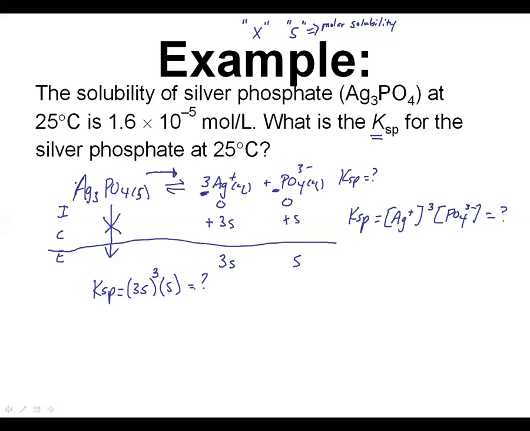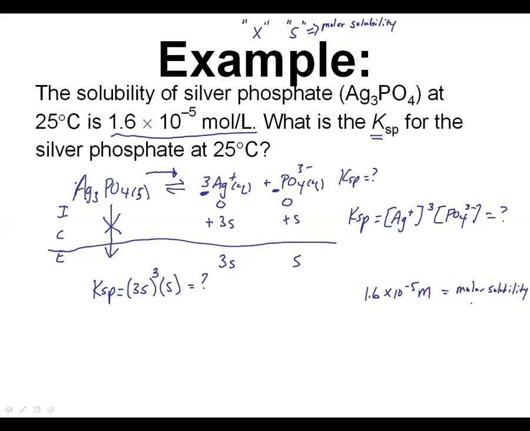But in this case, we're actually trying to find out what the KSP value is. Now, this is where the other piece of information from the problem is important. It says the solubility of silver phosphate is 1.6 times 10 to the minus 5, and that's basically molar. That is really the molar solubility.